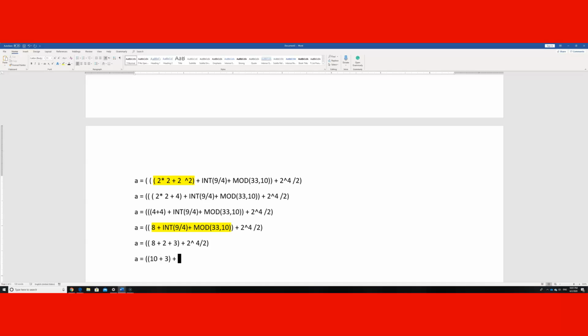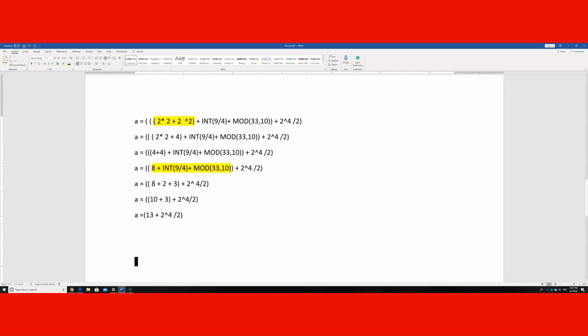And of course, I could have copied it and pasted it, which minimizes my error. Now I'm about to remove the most inner parentheses, which is 10 plus a 3, 13, plus 2 raised to the power of 4 divided by 2.